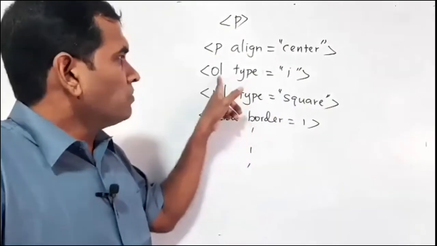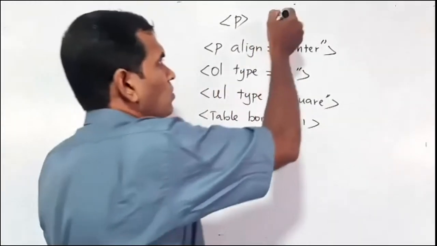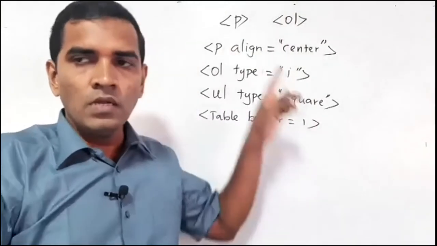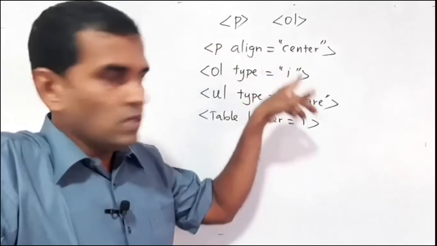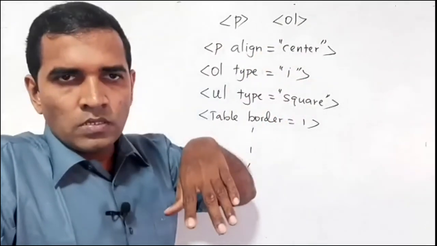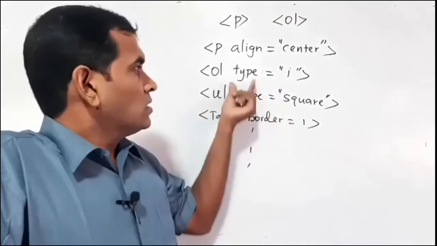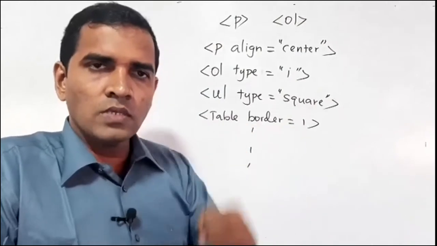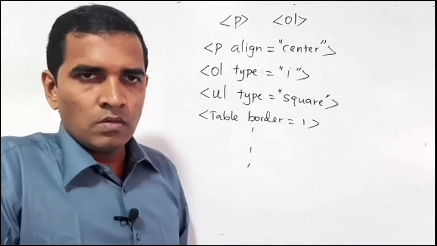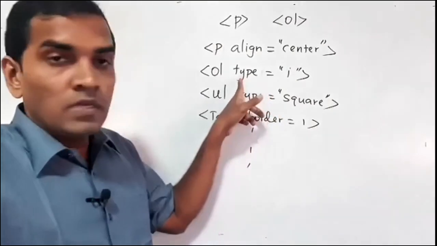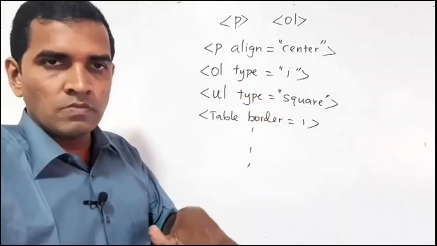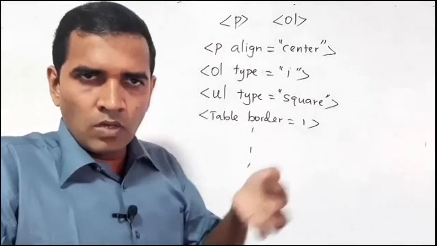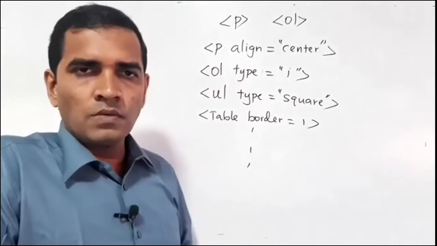Look here, OL: if you use only OL without type, no one can say that it doesn't work. We have experience, OL alone works. So now you can understand that type is an optional thing. If you use type, yes, you can get some preferred result, but it doesn't mean that type is a must. Type is an optional thing. Look here, border: without border, definitely you can have the table.